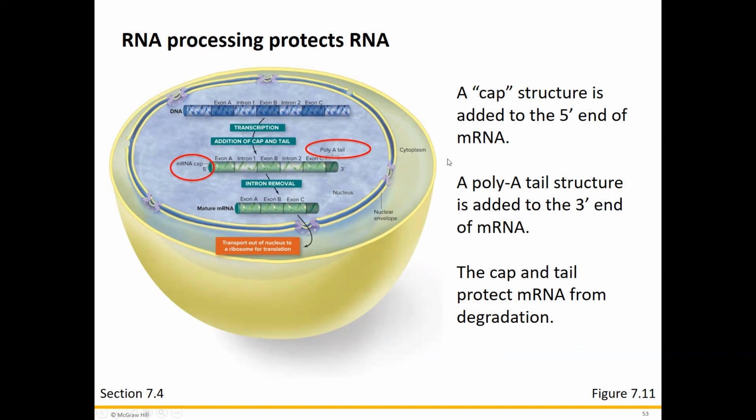So the transcript is going to have this cap structure added to the 5' end of the messenger RNA molecule. And that cap happens to be a guanine. So that's going to be added to that end. On the opposite end, a poly A tail is added to the 3' end.